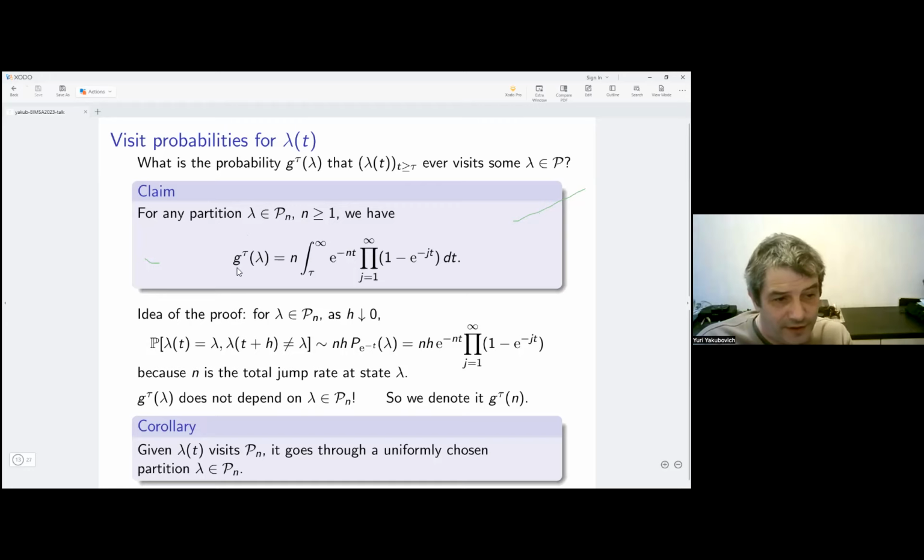And actually there is a simple formula for this probability, it's just this integral.